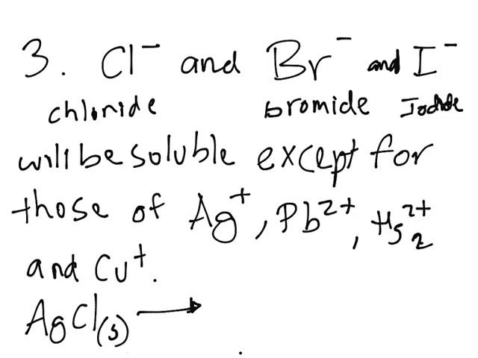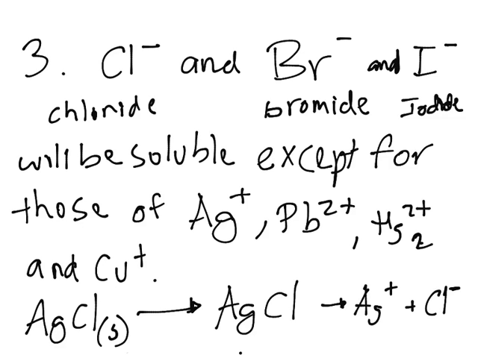So instead of writing aqueous, because it will not dissociate, it will remain the same. You'll still have AgCl. It won't divide into Ag plus and Cl minus because of the silver. That's what the third rule states.